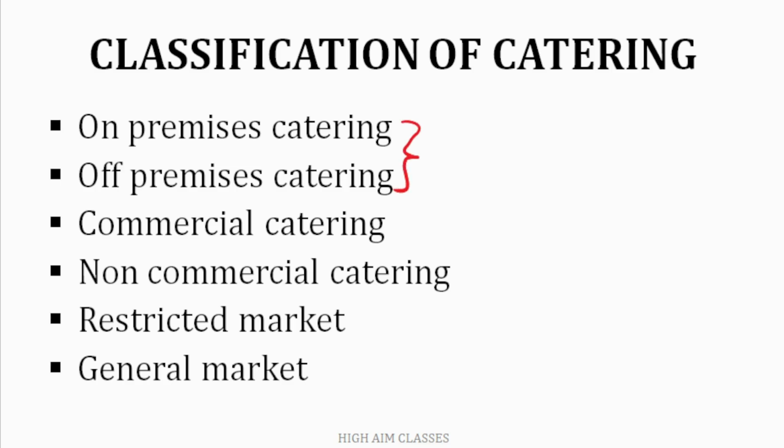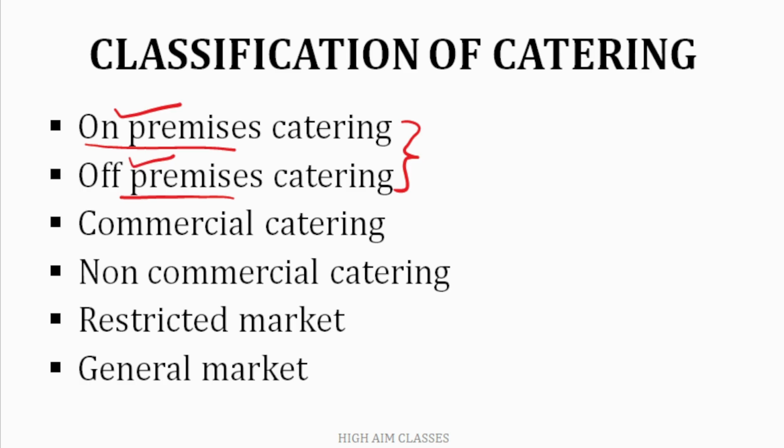Location means on premises or off premises. Whether you are cooking the food and serving at the same place, that will be termed as on premises catering. And if you are preparing your food and delivering it somewhere else to be served, that will be called off premises. We will discuss in detail in the coming slides.